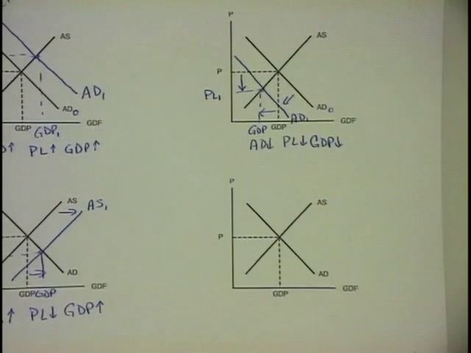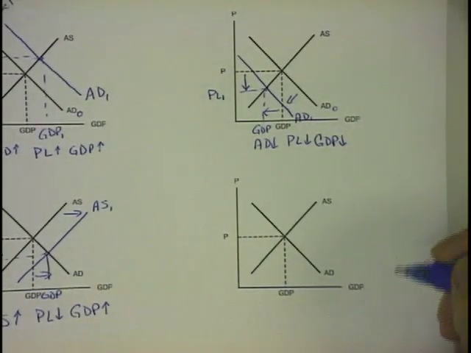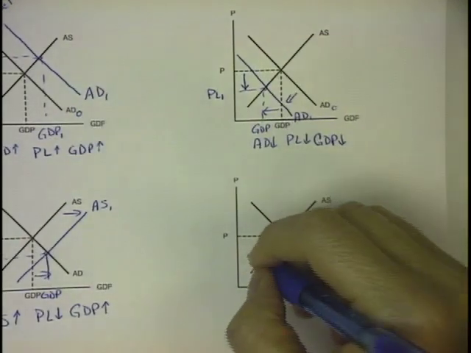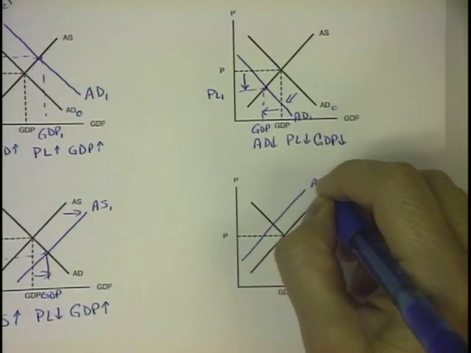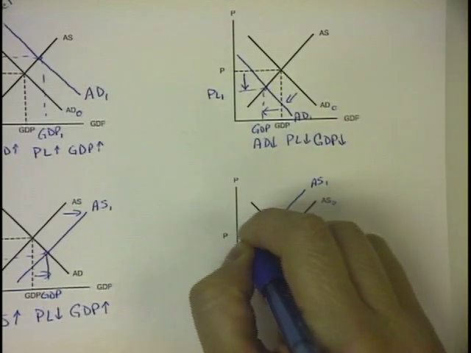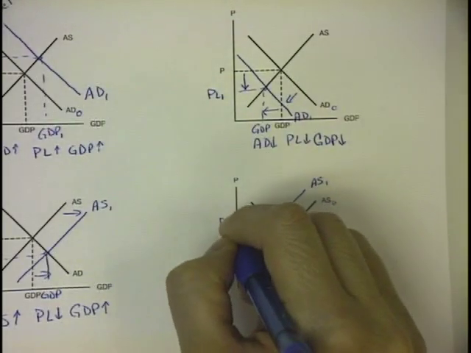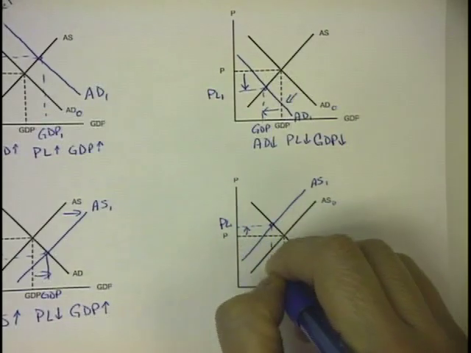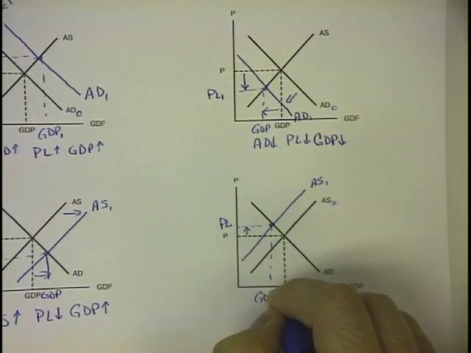Now, if we have a decrease in aggregate supply, let's say the price of fuel goes up, that will cause what we call a cost push shock, and that's going to shift the aggregate supply to the left. Okay, so if we have that happen, we'll see price level increase and real GDP decrease.